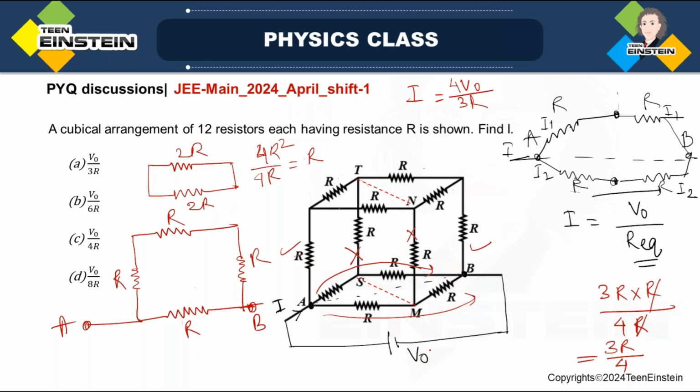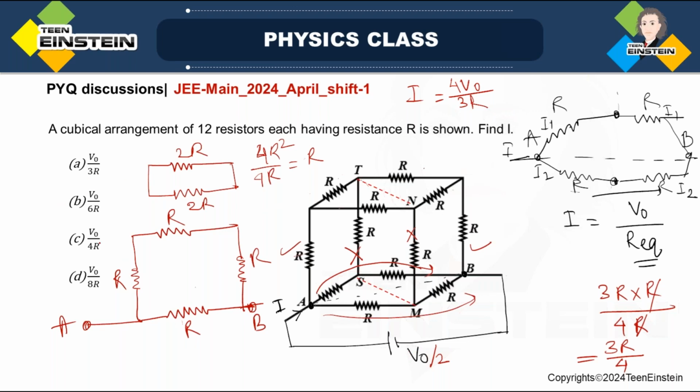Okay, so I hope this is V0 by 2. Anyway, this is the way to do it.